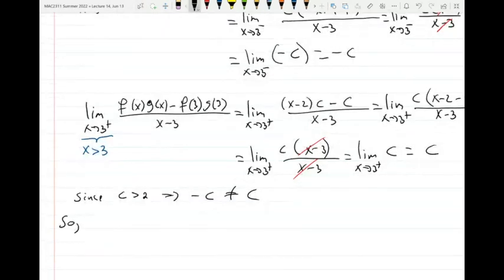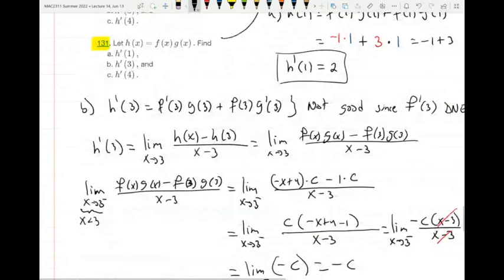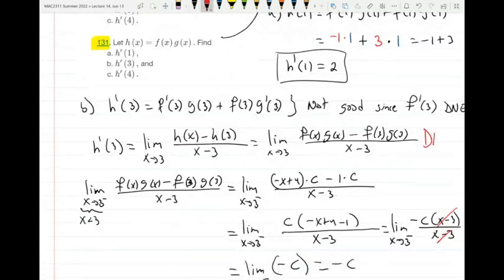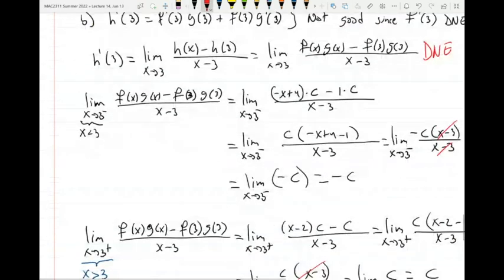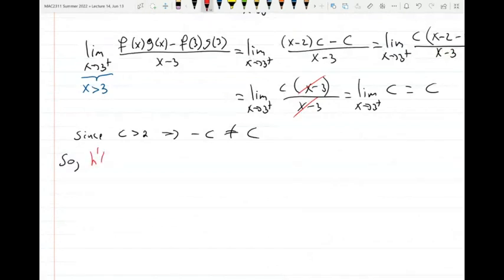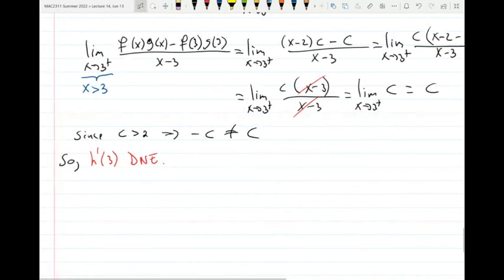So f prime of 3 does not exist. That's why I told you, you cannot forget the limit definition.